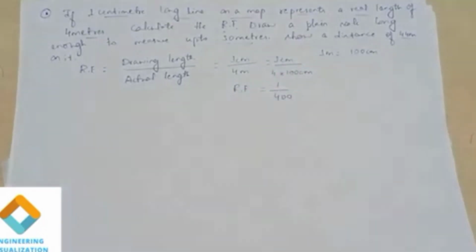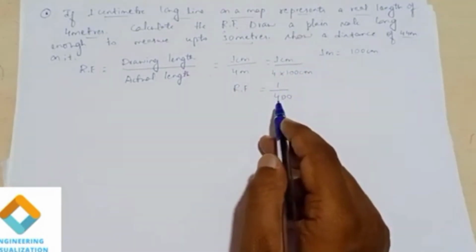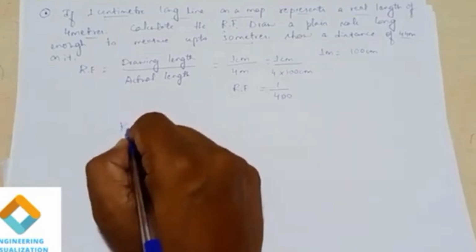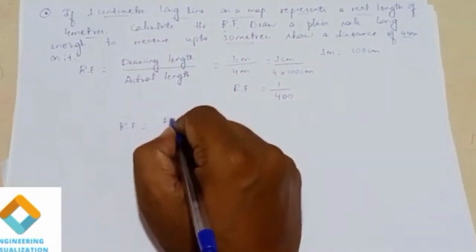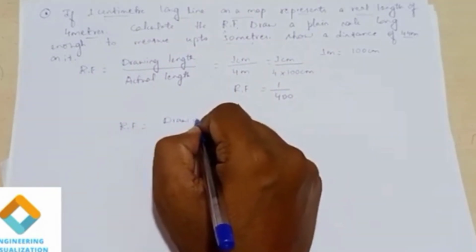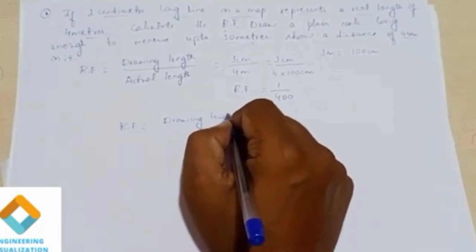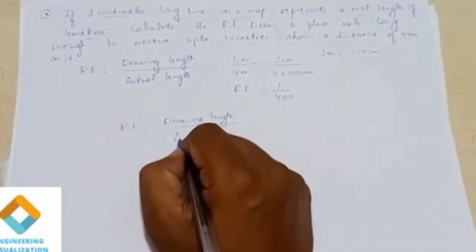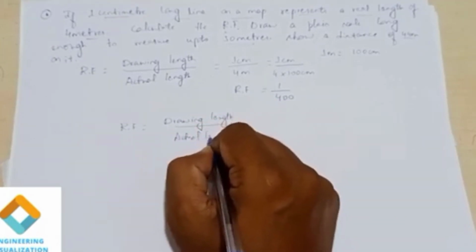Now, using this representative factor, we have to calculate the drawing length. Again I'll write the same formula, drawing length by actual length.